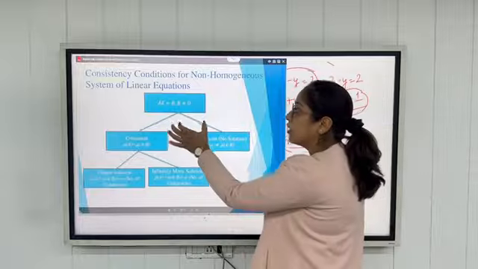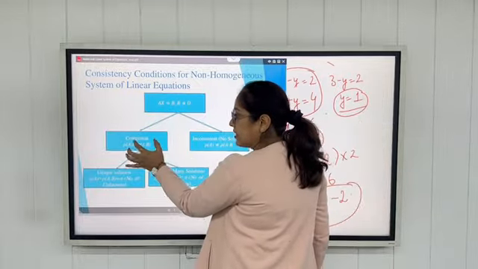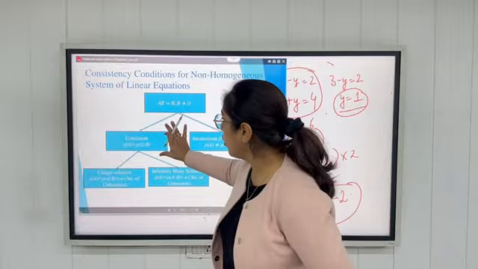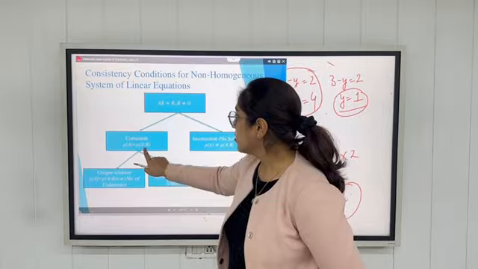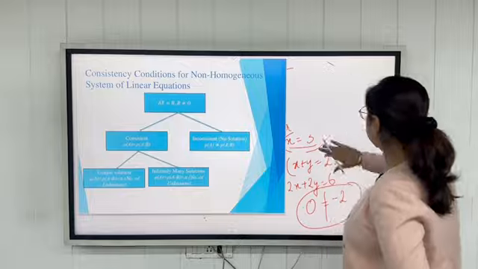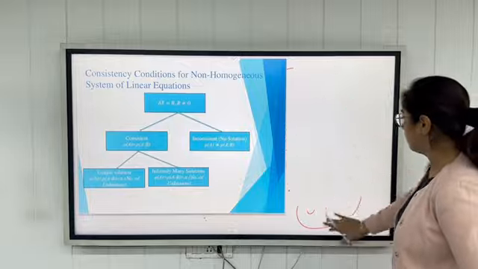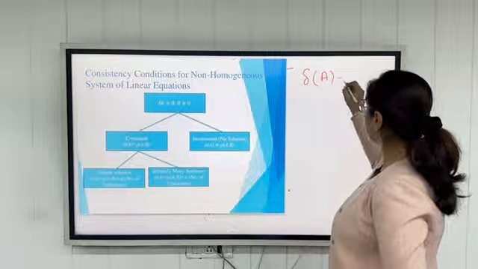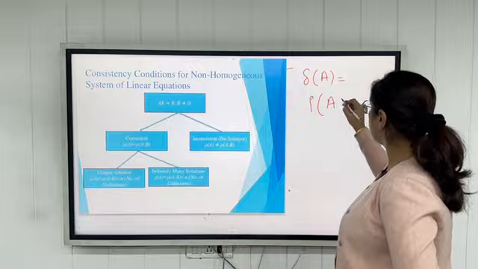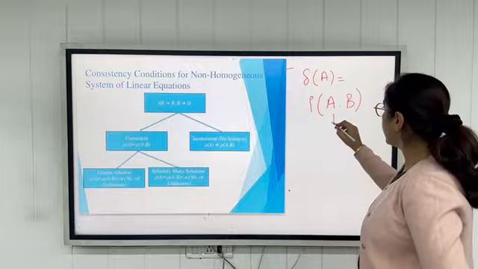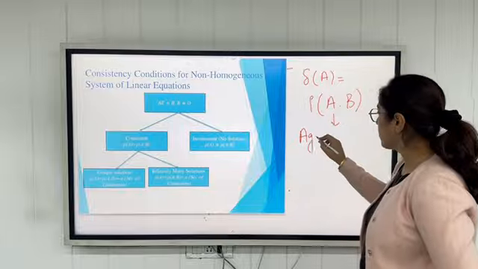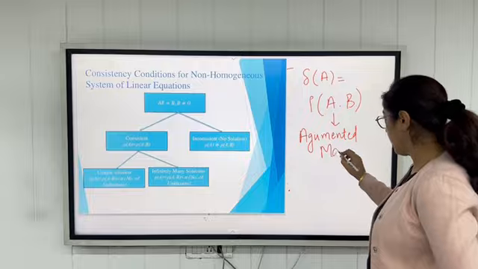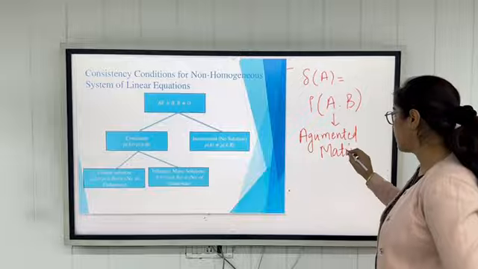So this system of equations is consistent when rank of A is equal to rank of the augmented matrix. This is called the augmented matrix. We will see this further with an example.